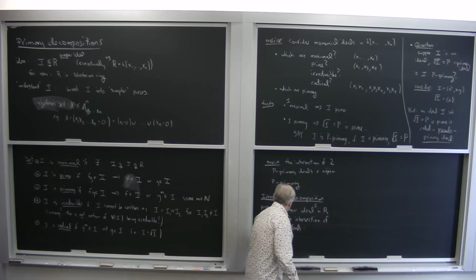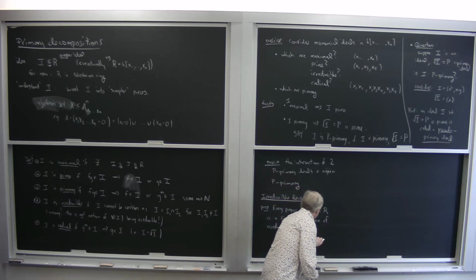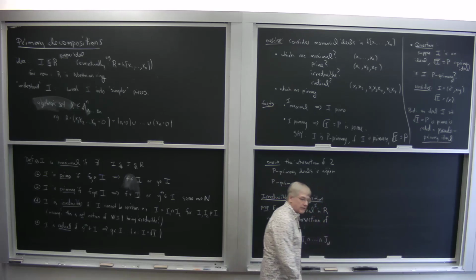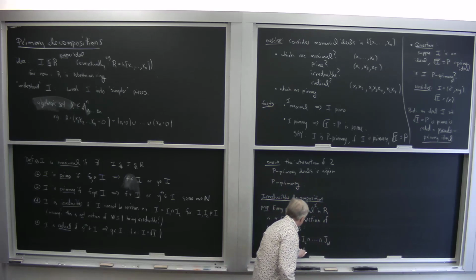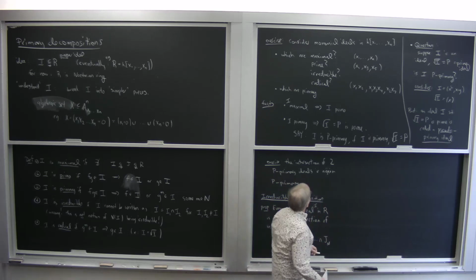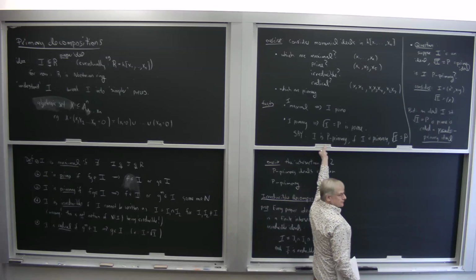So I is equal to, let's say, J1 intersect J2 intersect ... intersect J some number. We don't know how many. Where each J sub i is irreducible. I haven't even given you a single example of an irreducible. I should probably do that.